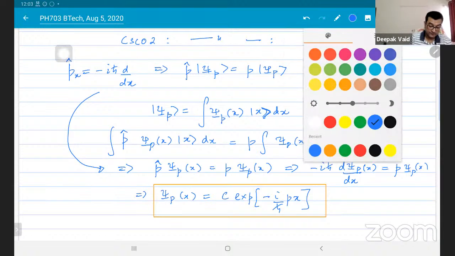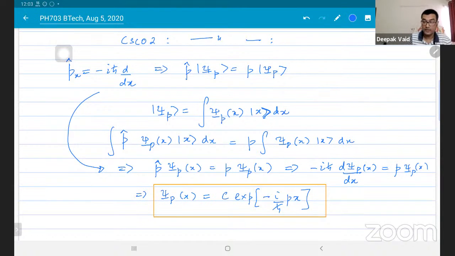Right? So when I'm in the position representation, my momentum eigenstates are plane waves. Okay? This is a plane wave, right?